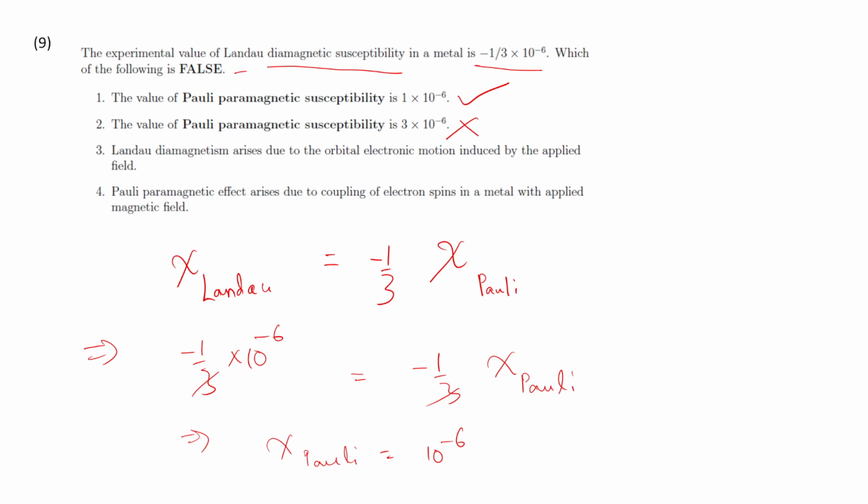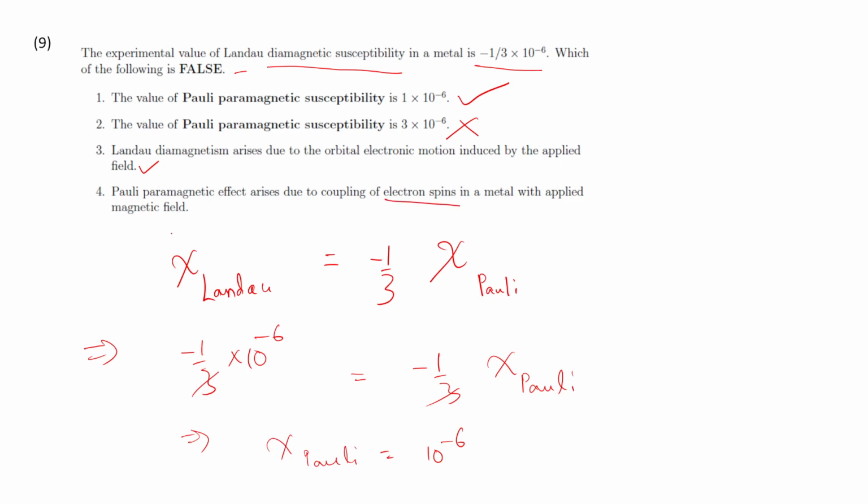The Landau diamagnetism arises due to the orbital electronic motion induced by the applied magnetic field. This statement is true as well if you go through the derivation of Landau diamagnetism. And the Pauli paramagnetic effect arises due to the coupling of electron spins with the magnetic field. This is also true.